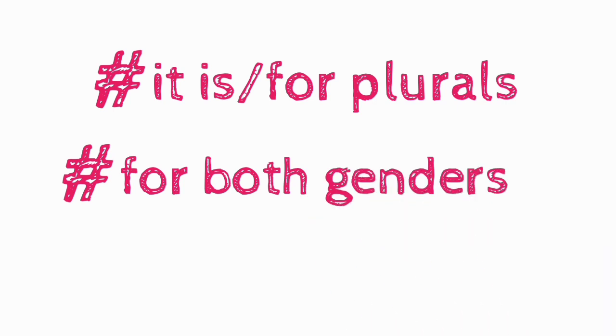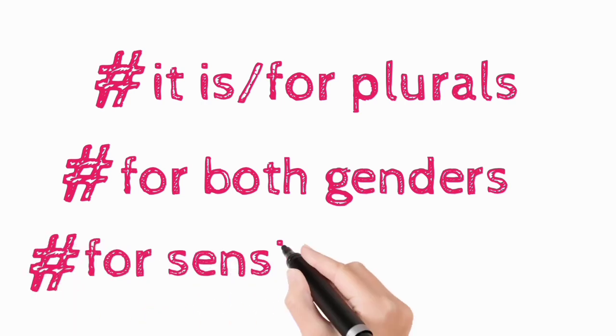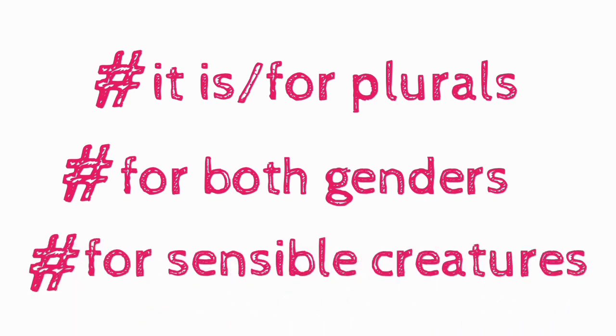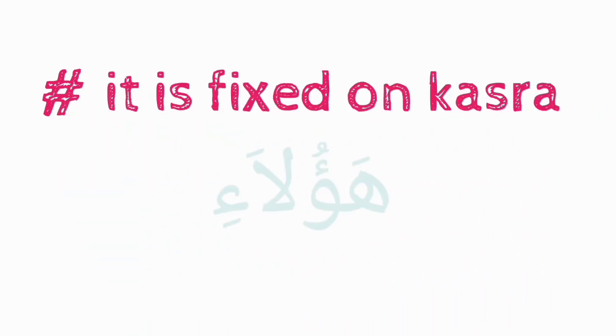It is for both genders, that is, you can use it for both the masculine and the feminine gender, and it is used in addressing sensible creatures. That is to say, you use haulai in addressing humans, jinns, and angels, but you can't use it to address things that don't have sense.